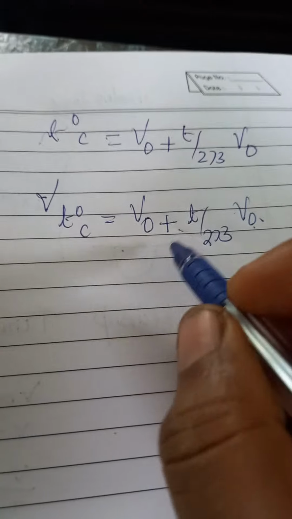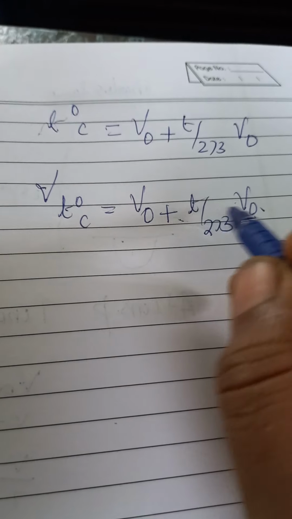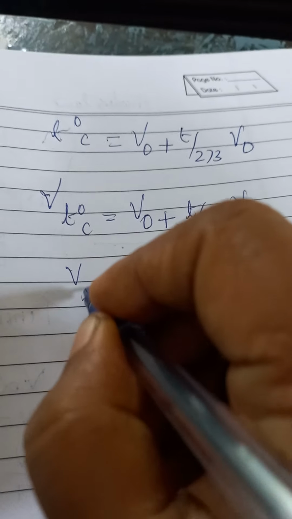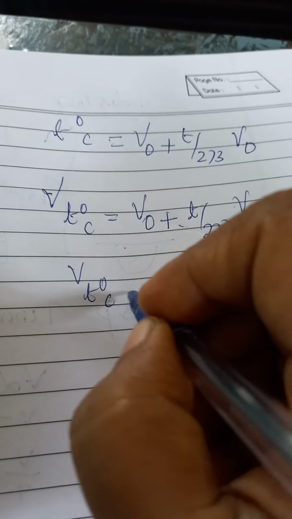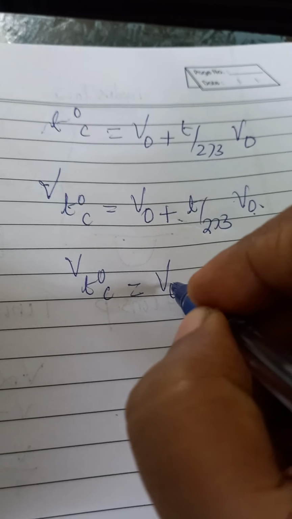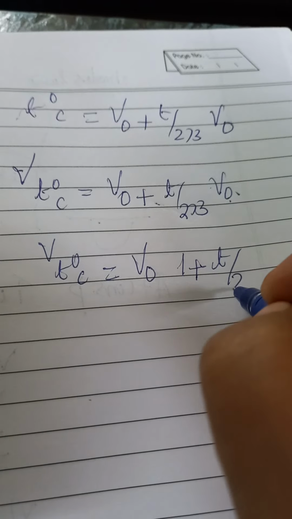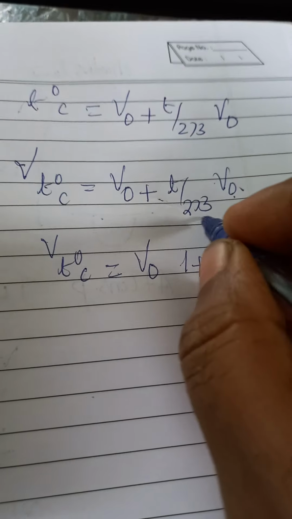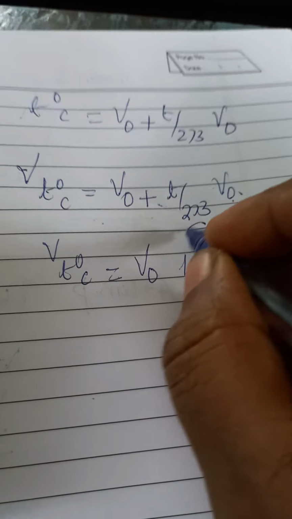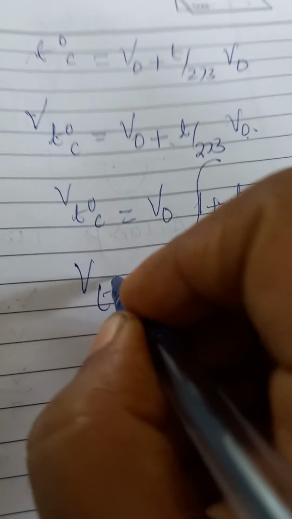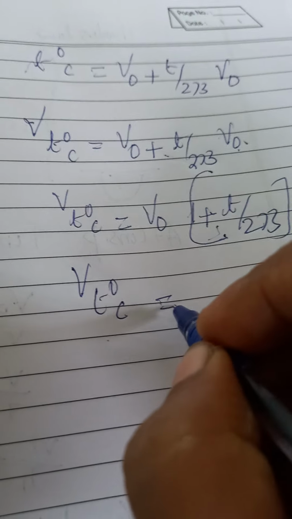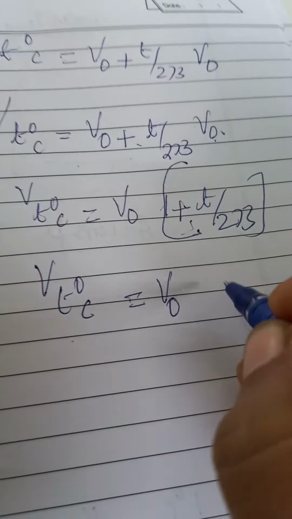Taking V0 as the common value outside, V at T degree Celsius is equal to V0 into 1 plus T by 273. By taking the LCM, volume at T degree Celsius is equal to V0 into 273 plus T by 273.